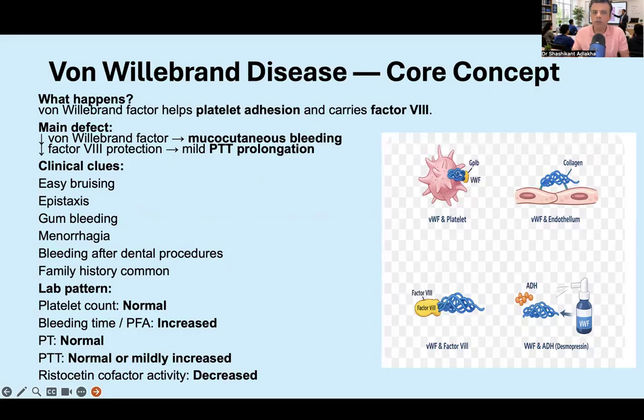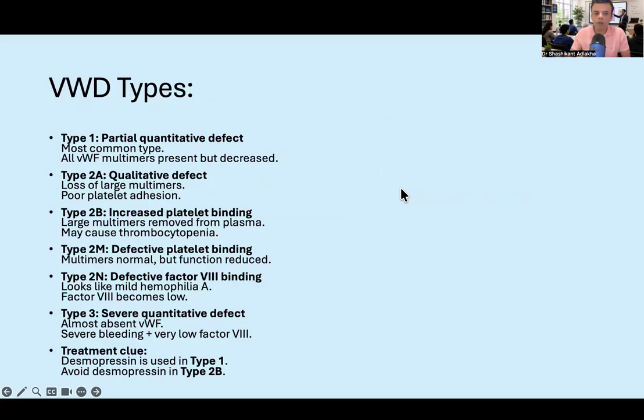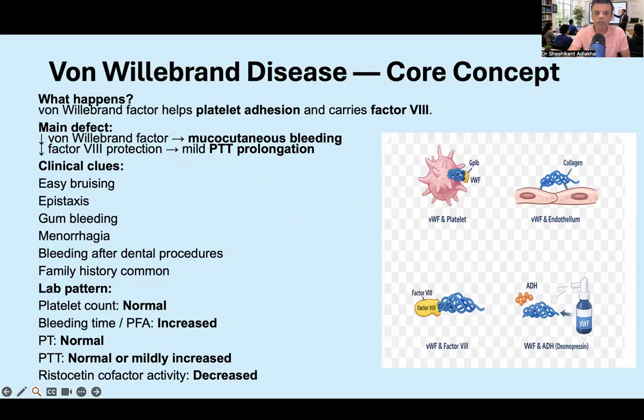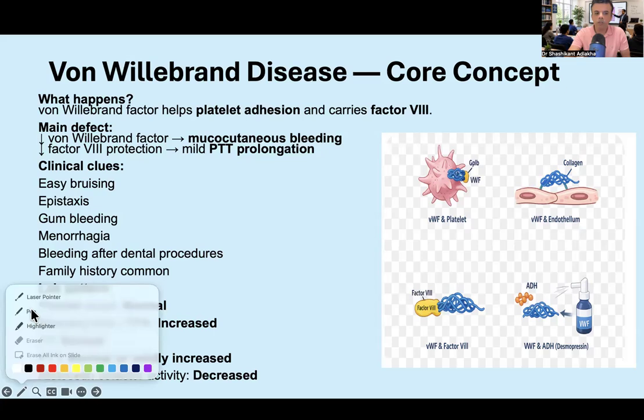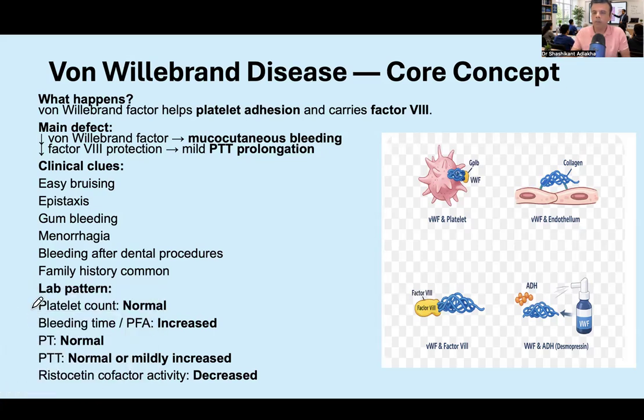What is the job of von Willebrand factor? It causes platelet adhesion. It acts as a bridge between the subendothelial collagen and the platelet, particularly the GP1B glycoprotein it gets attached to.